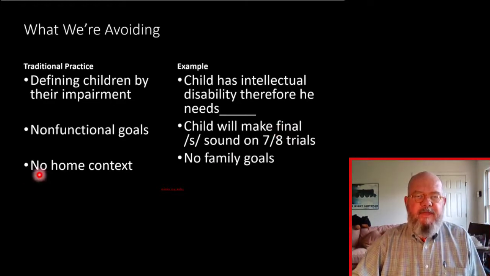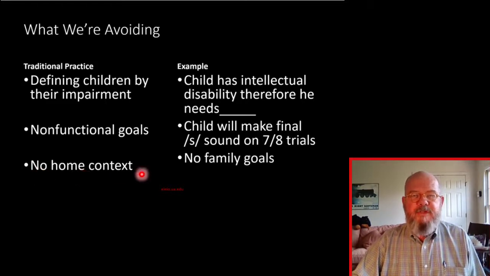Third thing that we are trying to avoid is no home context, as though the only important part of a child's life is when the child is at school. And so the problem there is reflected by having no family goals.